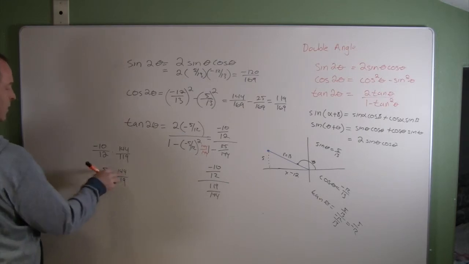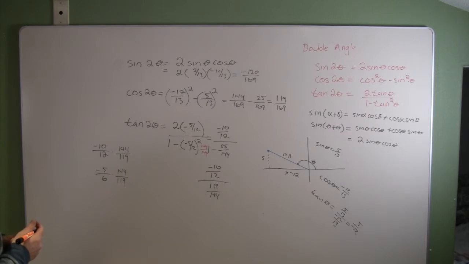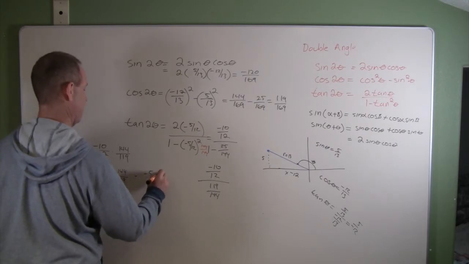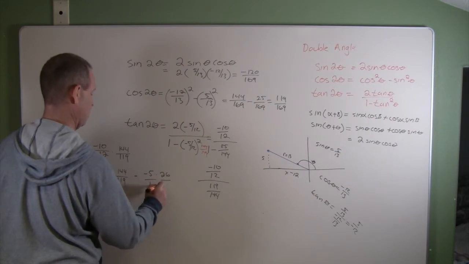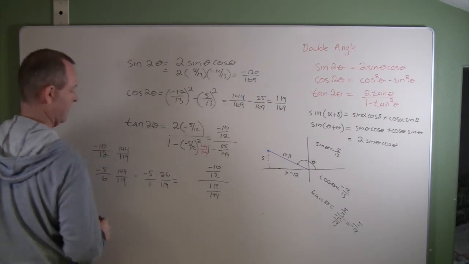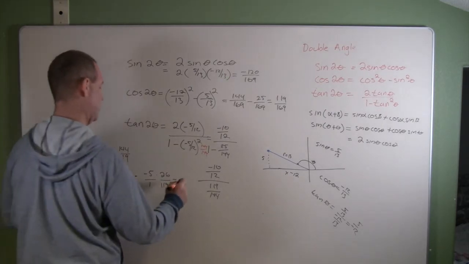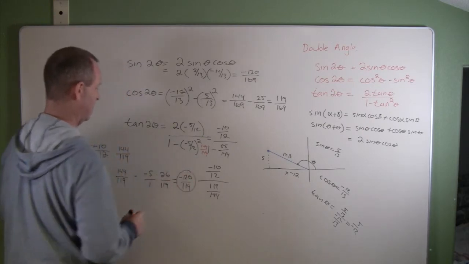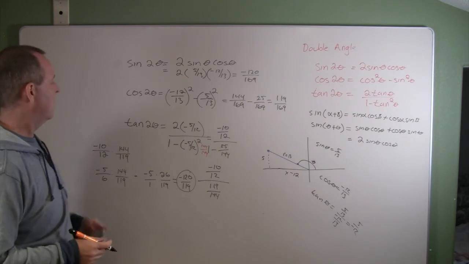Looks like 6 goes into 144 24 times. Minus 5 times 24 gives me a negative 120, all over 119. And so that's the double angle value for tangent.